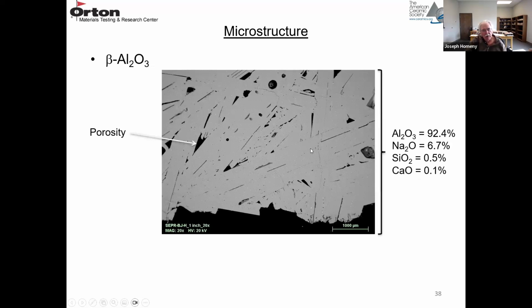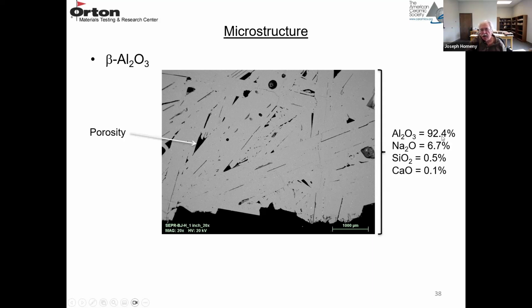So this is a microstructure of a beta alumina. The black is the porosity. This is actually the edge of the refractory. So this is not porosity. It's just the resin matrix that's used to make the polished section. This is 20X, and that's a 1,000 micron marker.